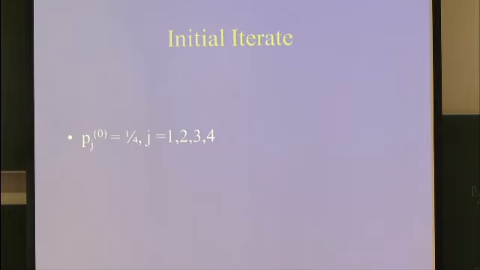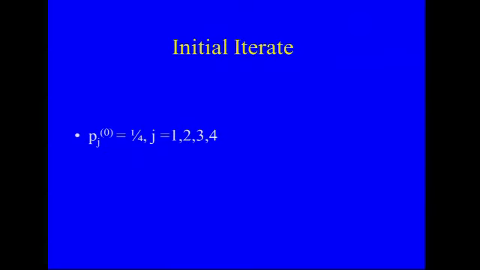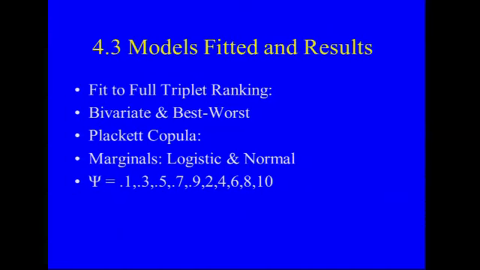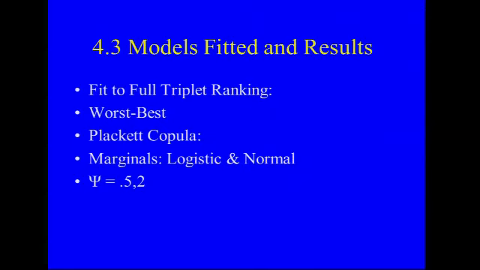Starting with the initial uniform iterations, I've explored this, fitting the full triplet model in a range of situations. For the bivariate and the best-worst, for the Plackett copula, with marginal distributions being normal and logistic, 10 values of psi.